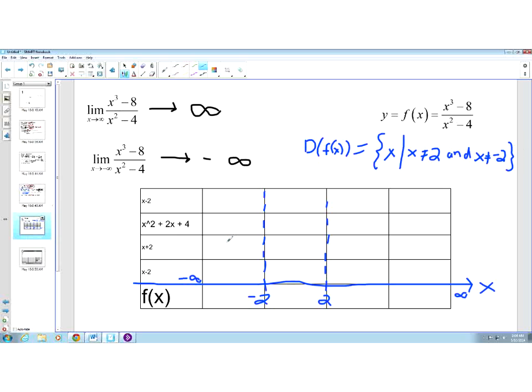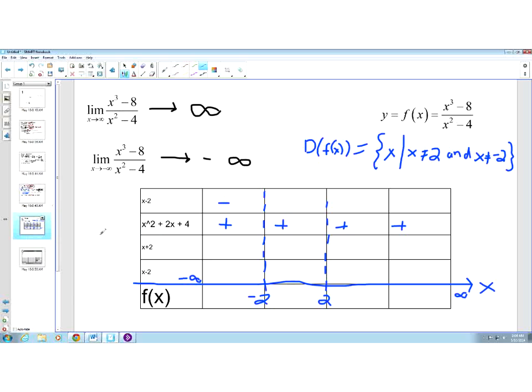All right. If x lies between negative infinity and negative 2, choose any number and plug it into the first factor, and the output would be a negative sign. Now, x squared plus 2x plus 4 is always positive. I'll leave it to you to discover why. You can graph the function, and you'll notice that x squared plus 2x plus 4 never falls below the x-axis.